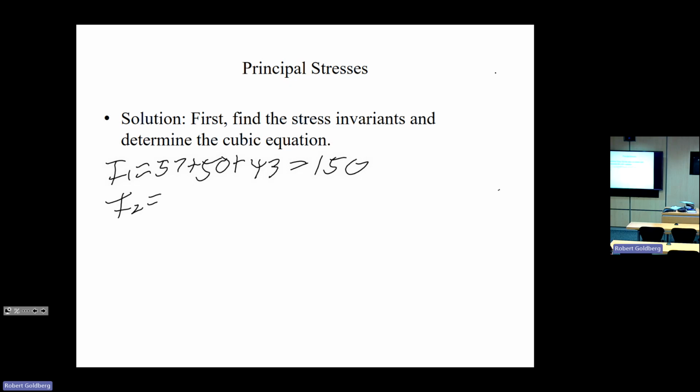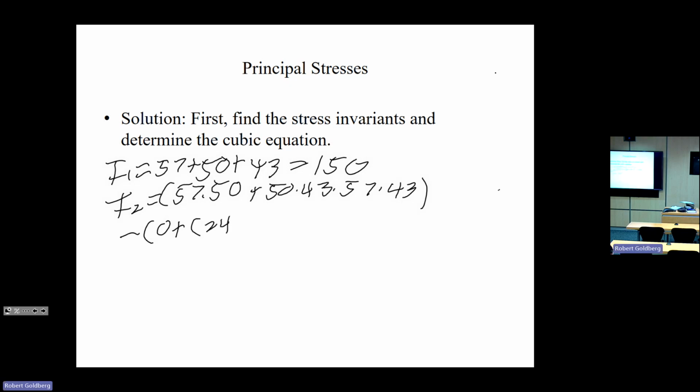I2 is equal to 57 times 50 plus 50 times 43 plus 57 times 43. So we're going through the products of the various normal components, minus 0 plus 24 squared plus 0. So it's sigma 12 squared plus sigma 13 squared plus sigma 23 squared.